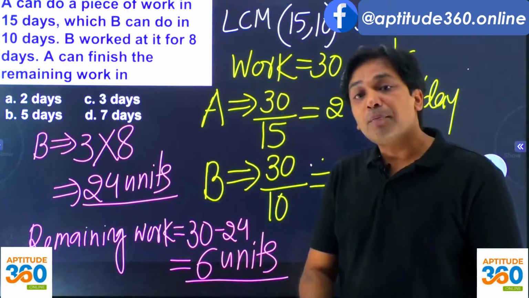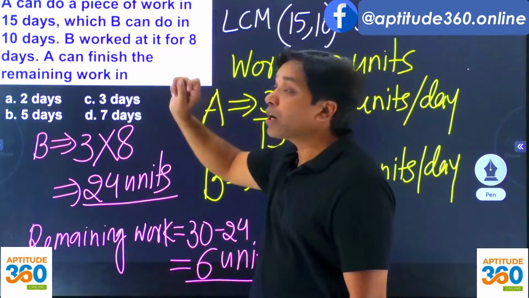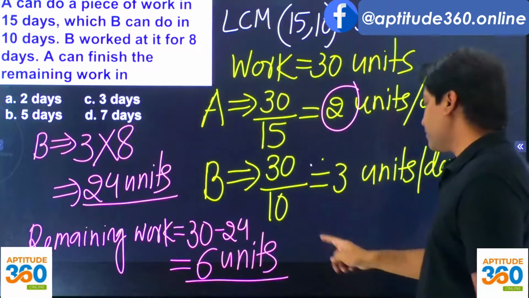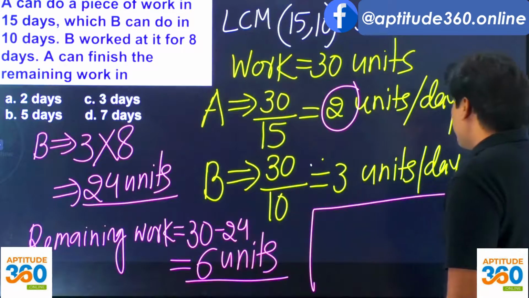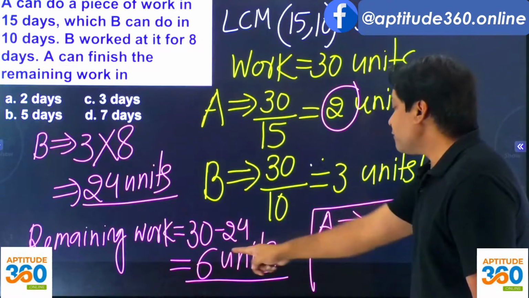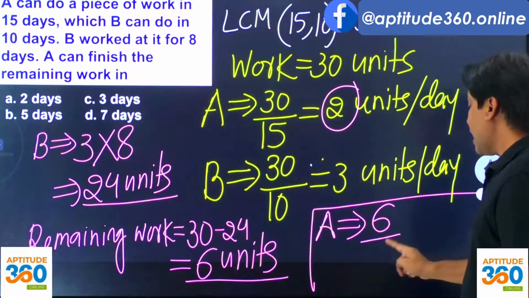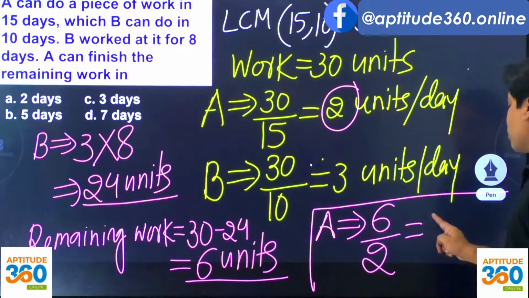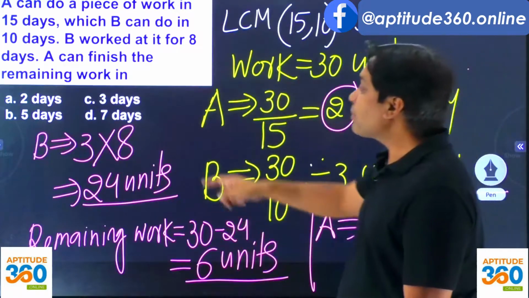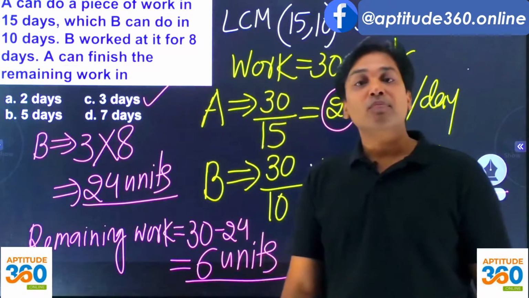A is going to be completing the remaining work. और A का rate है क्या? A is doing 2 units per day, right? So if A is going to be completing 2 units per day and A will have to finish 6 units, how many days do you think A is going to be taking to finish 6 units? It is 3. So काम कितने दिन में खत्म हो गया? 3 days में.